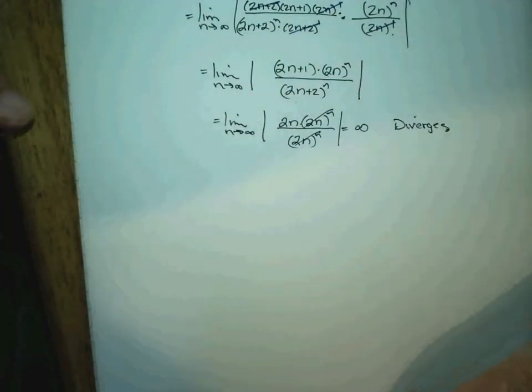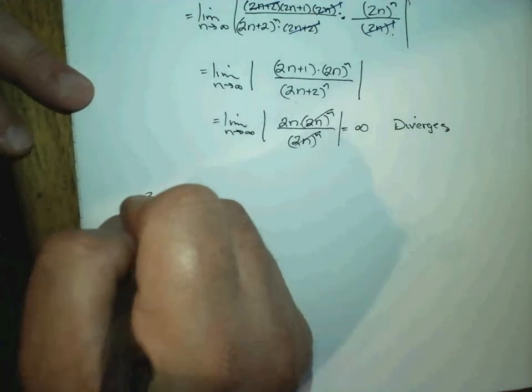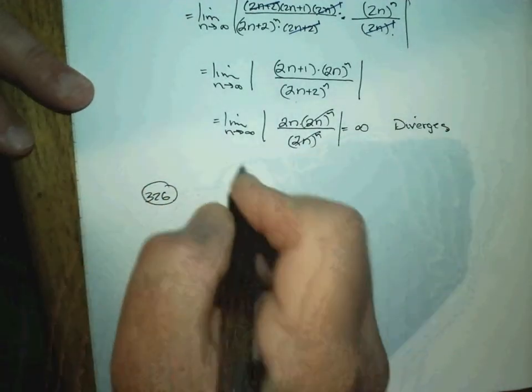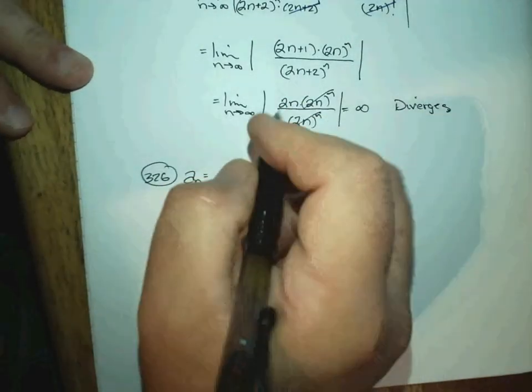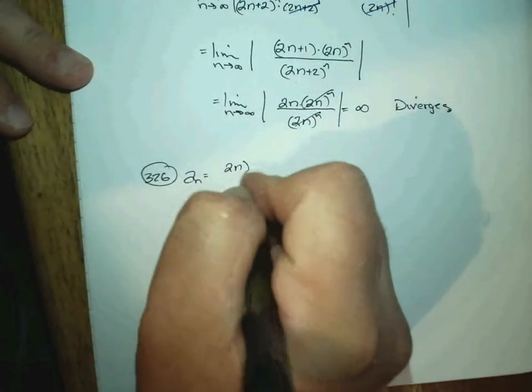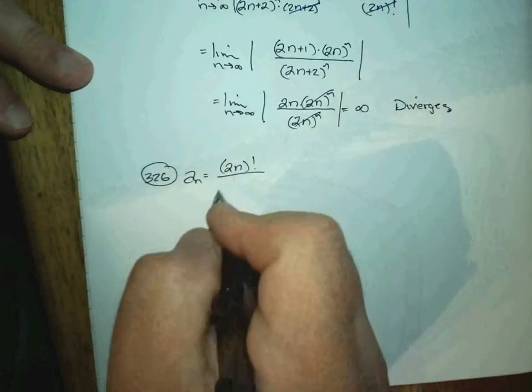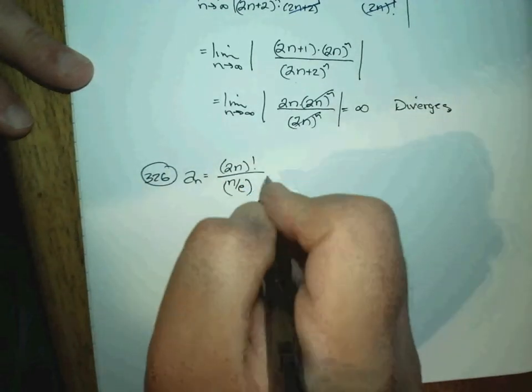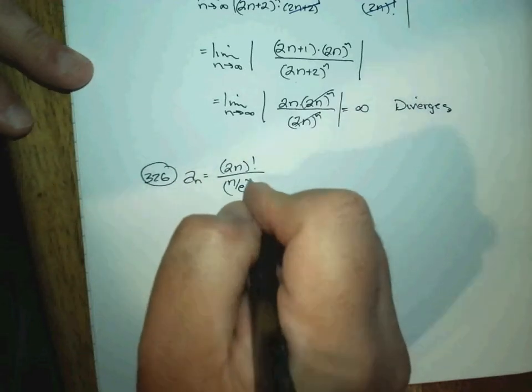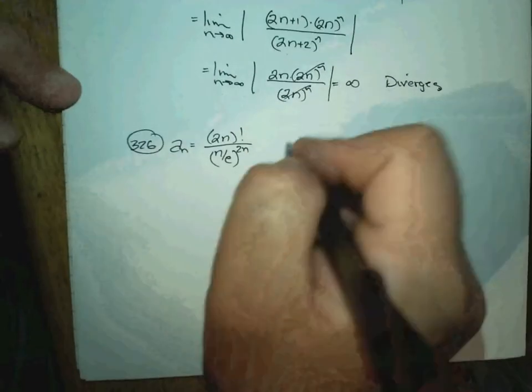Okay. Let's take a look at 326 next. See if I can fit this on here. Let's see. A sub n is 2n factorial divided by n over e to the 2n power.